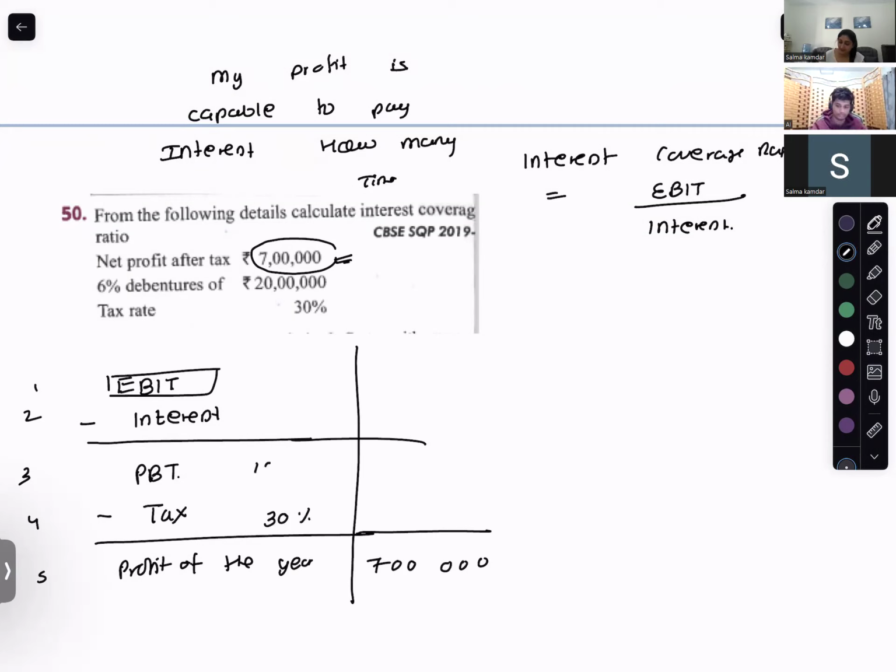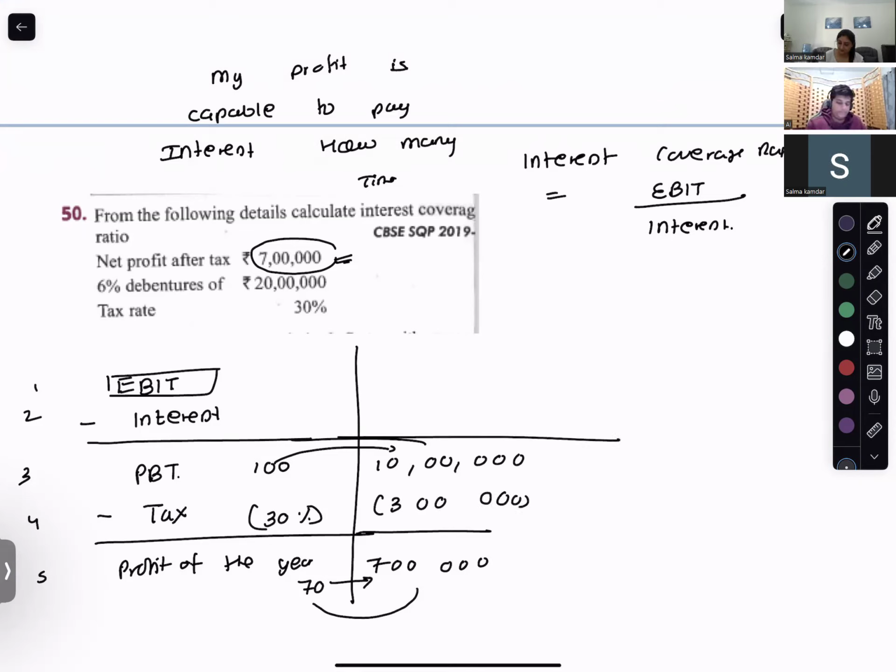So PBT will be 100. If 70 represents 7 lakh, then 100 will represent 10 lakh. So tax will be 3 lakh.